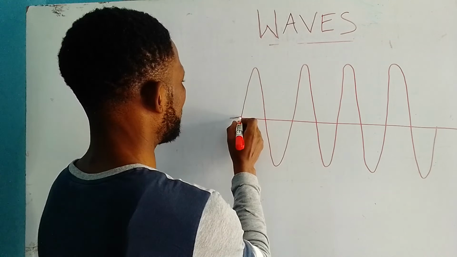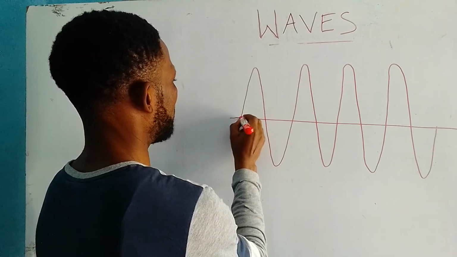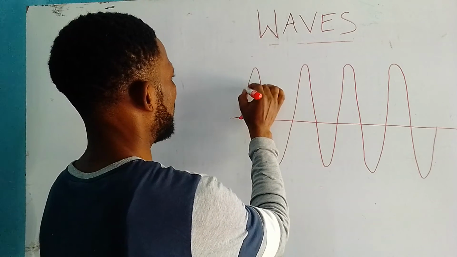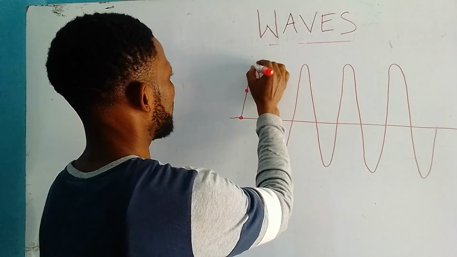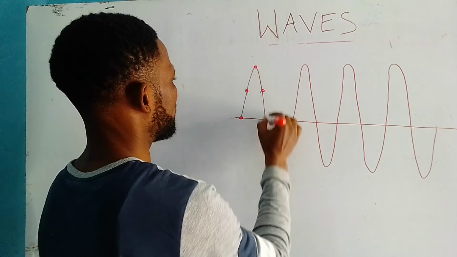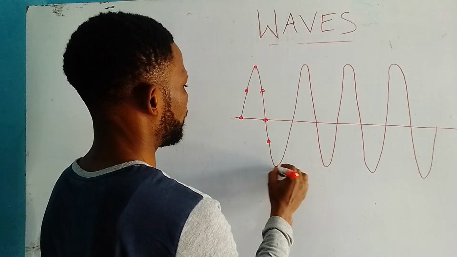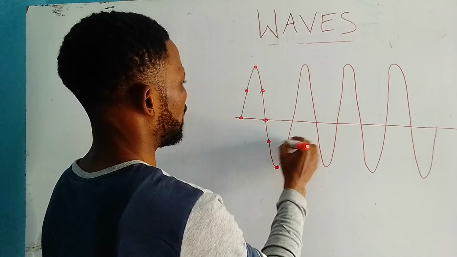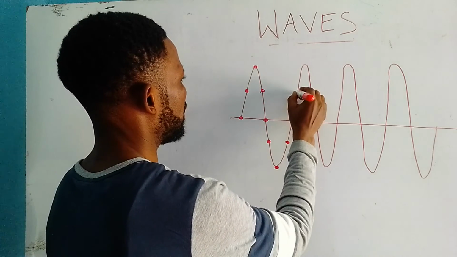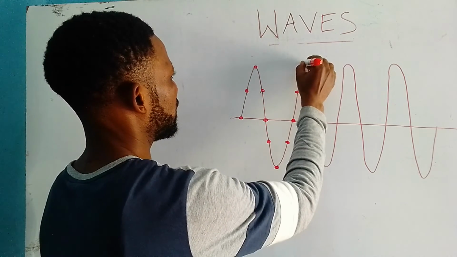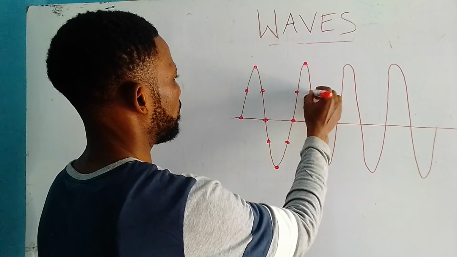this is particle 1. A, B, C, D, E, F, G, H, E. This is another particle.